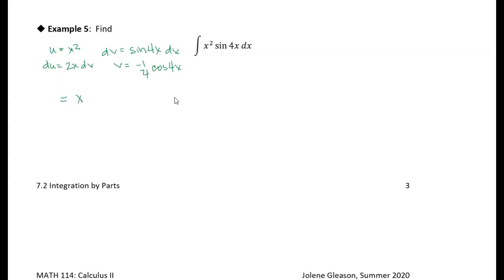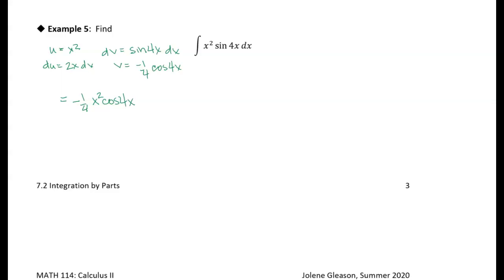I'm going to write the coefficient out front, so minus 1/4 times x squared, u times v, so minus 1/4 x squared cosine of 4x.